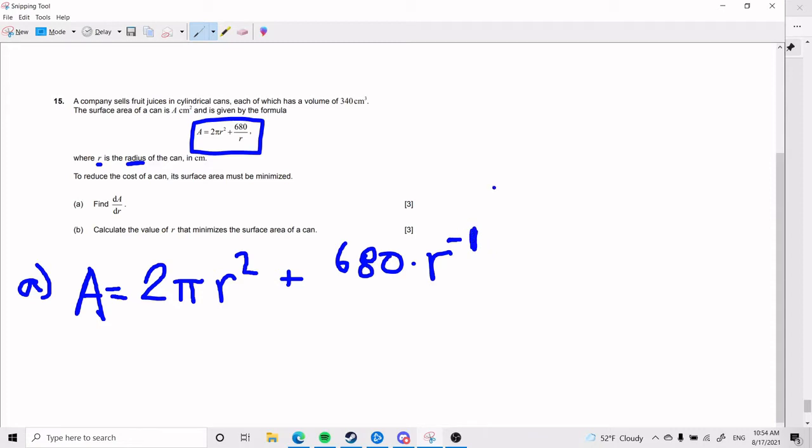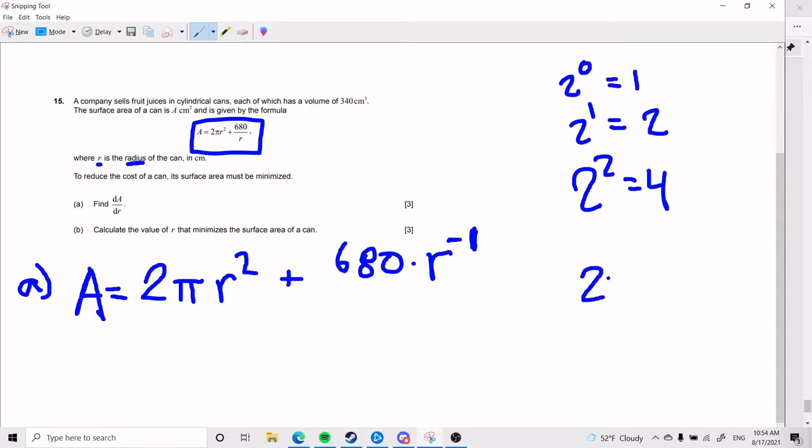If I have, for example, 2 squared, this is 4. 2 to the power of 1 is 2. 2 to the power of 0 is 1. And 2 to the power of negative 1 is 1 over 2. 2 to the power of negative 2 is 1 over 4.